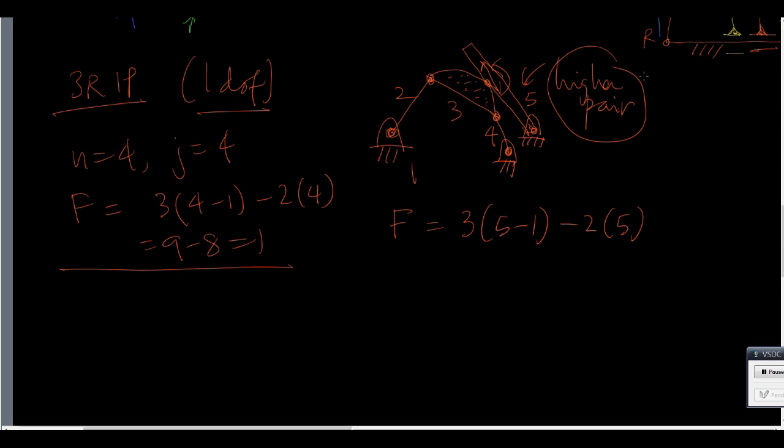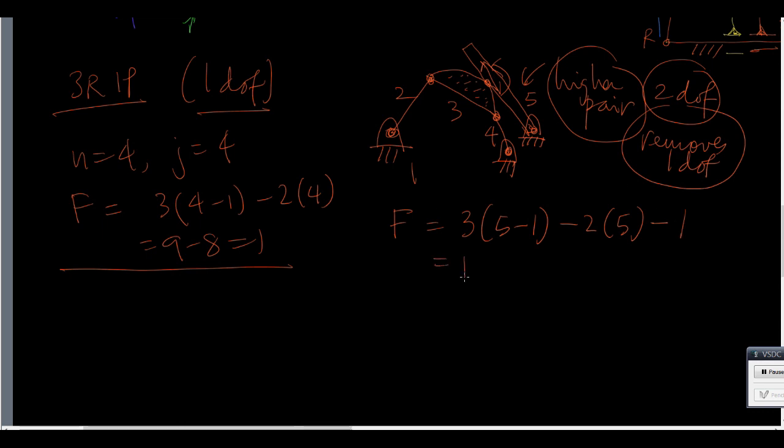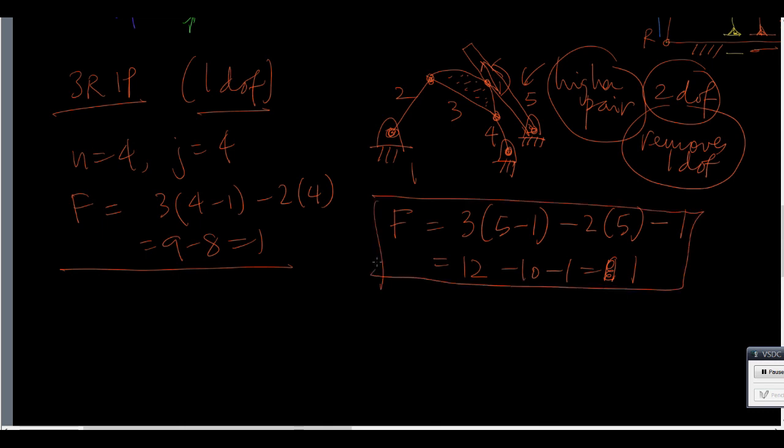The higher pair has 2 degrees of freedom, so it removes 1 degree of freedom. So minus the number of higher pairs, which is 1. Let us see how that works. That is 12 minus 10 minus 1 equals 1. Okay, so that's correct. 1 degree of freedom for that mechanism.